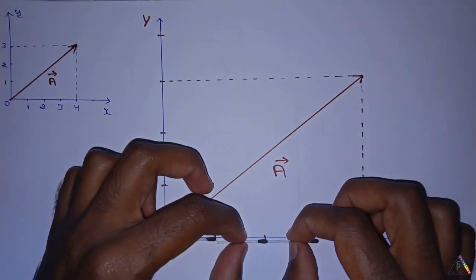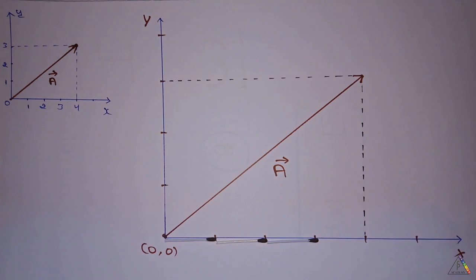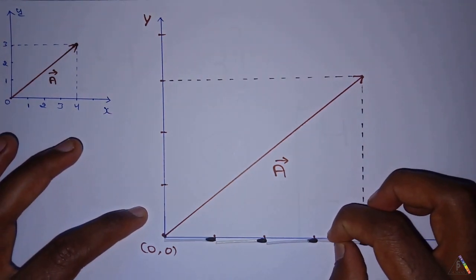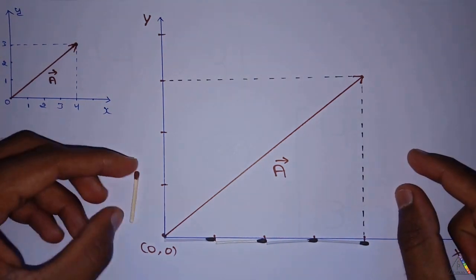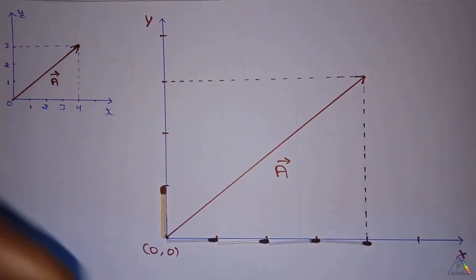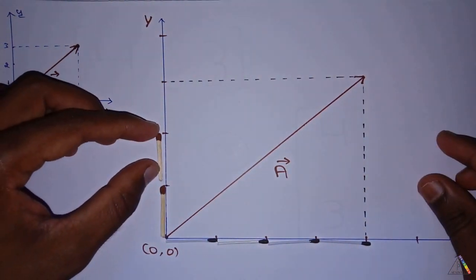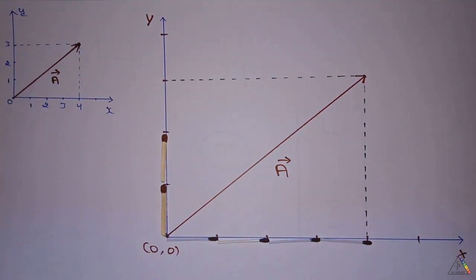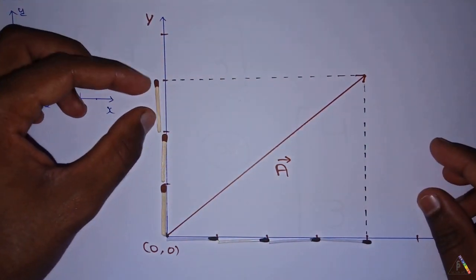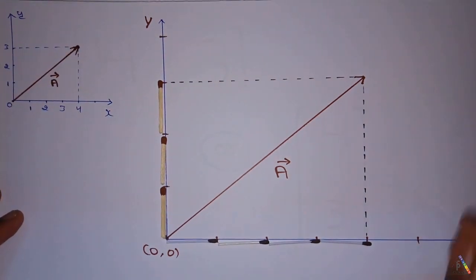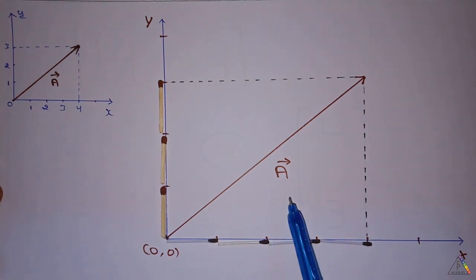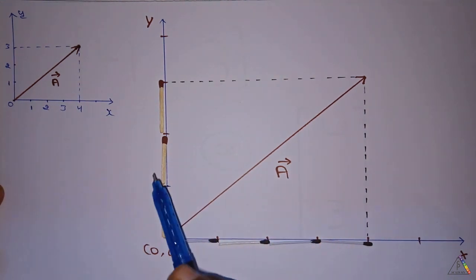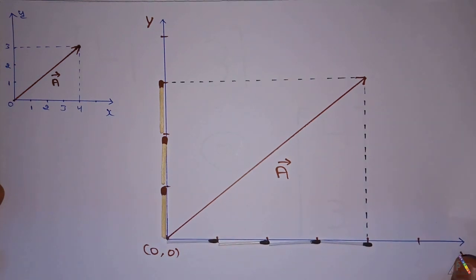These are all the four basis vectors along the x-axis, and this vector A is projecting on the y-axis with the three basis vectors along the y-axis like this. Now this vector has the component of 4 along the x-axis and the component of 3 along the y-axis.